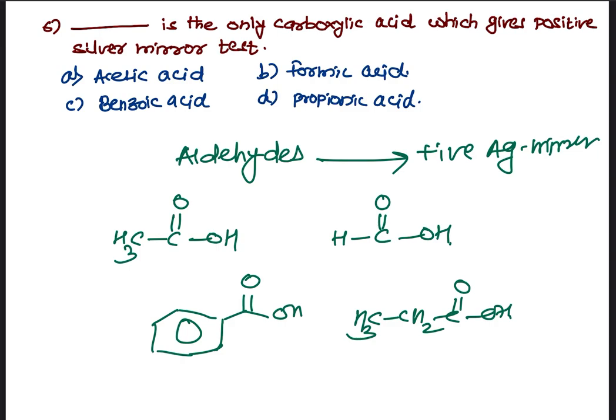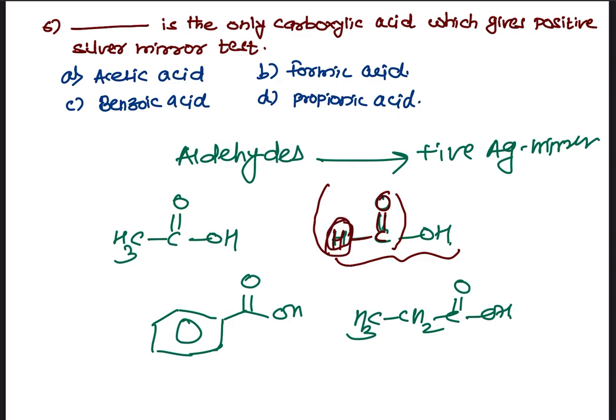Silver mirror test and Tollens reagent test are for only aldehydic functionality. Which aldehyde? In aldehyde there is oxidizable hydrogen. So here, in formic acid, this functionality is there: aldehydic H, C double bond O, and we can say this is oxidizable hydrogen.